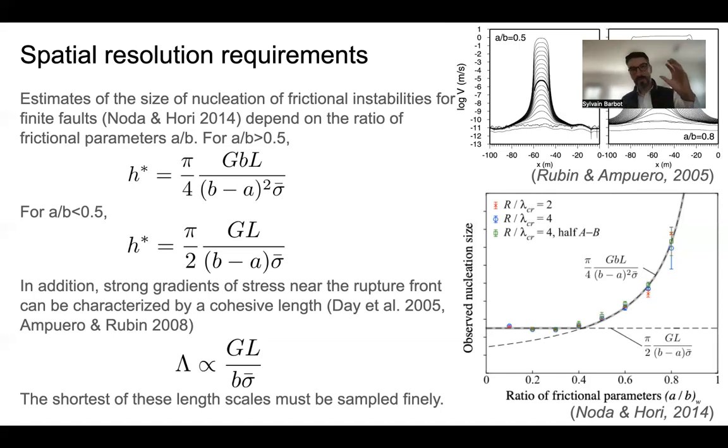So considering all of these estimates, the practitioner must make sure that the mesh is much finer than these length scales. These length scales emerge in simple contexts of earthquake nucleation and rupture propagation. In the context of seismic cycles, there are going to be additional heterogeneities that are emergent or structural that make the length scale of the simulation even finer.